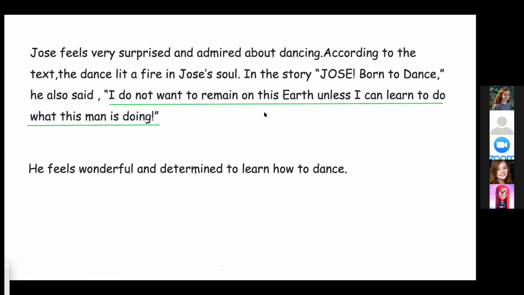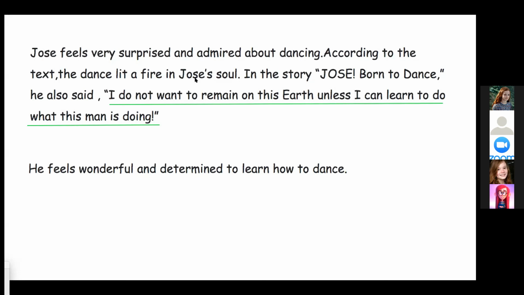Jose feels very surprised and admired about dancing. Okay, so that's the answer to the question, but I want the details from the story. So P just gave us the quotation, I do not want to remain on this earth unless I can learn to do what this man is doing. So that's one example. What's another detail?